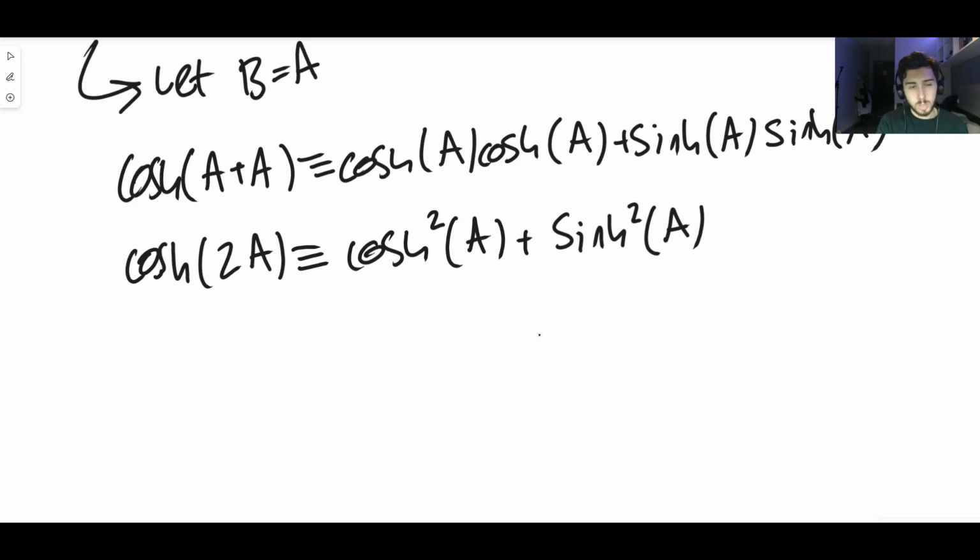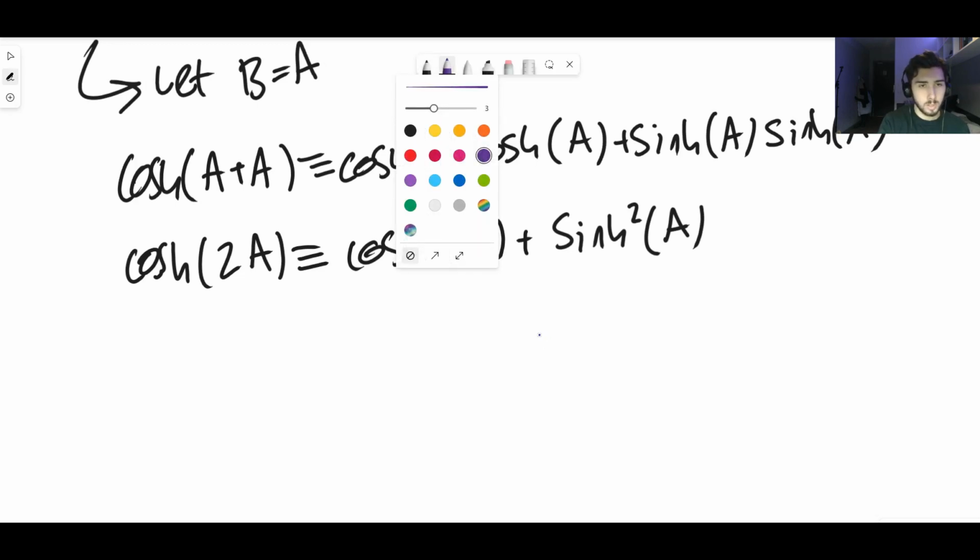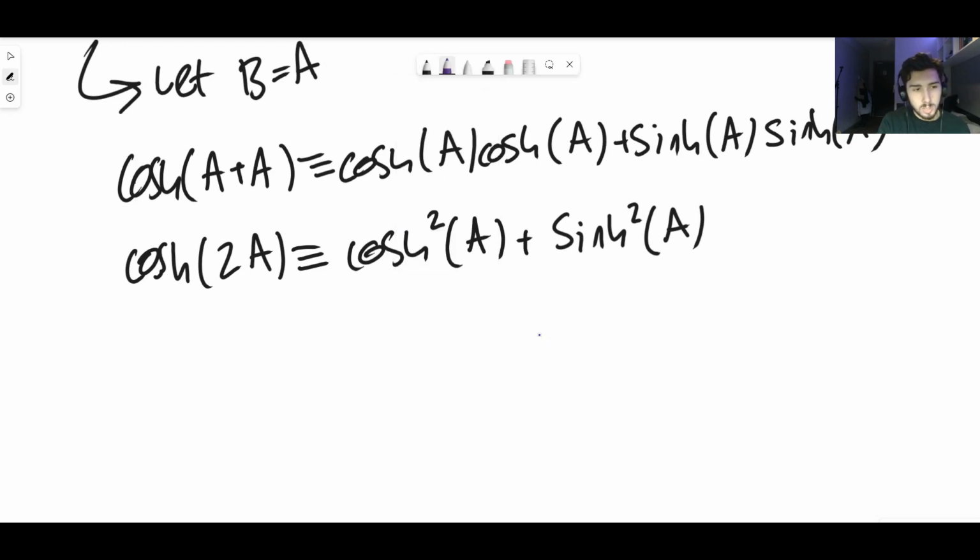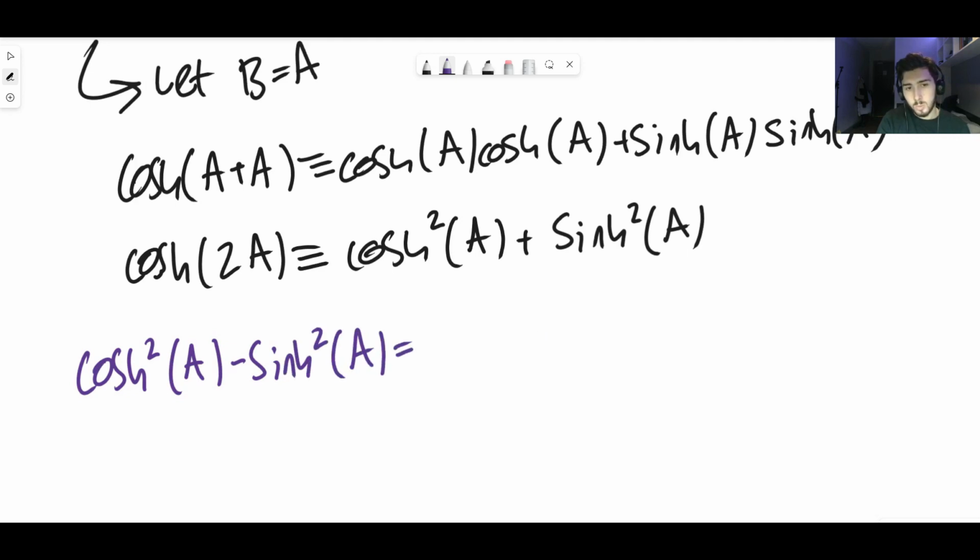Of course, just like the trigonometric version, there are actually 3 different double angle formulas for cosh of 2a. So we can use an identity that we've already derived, which states that cosh squared a minus sinh squared a is identical to 1. We can use this and do some rearranging.